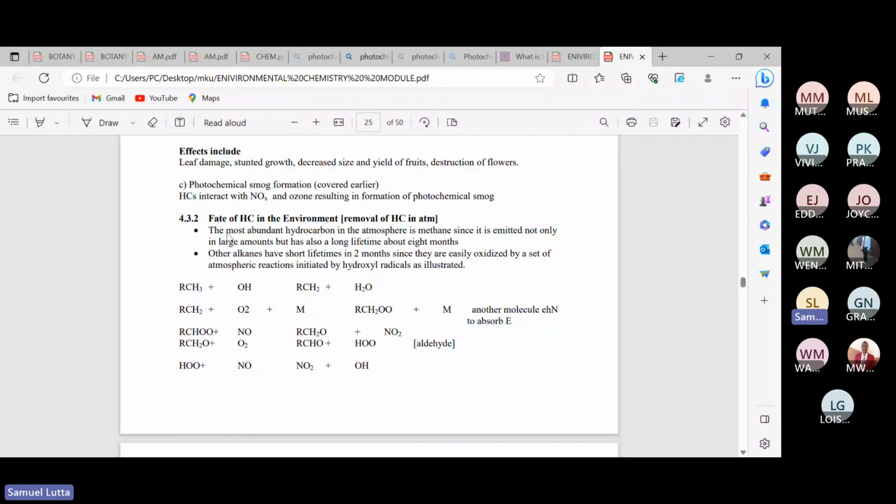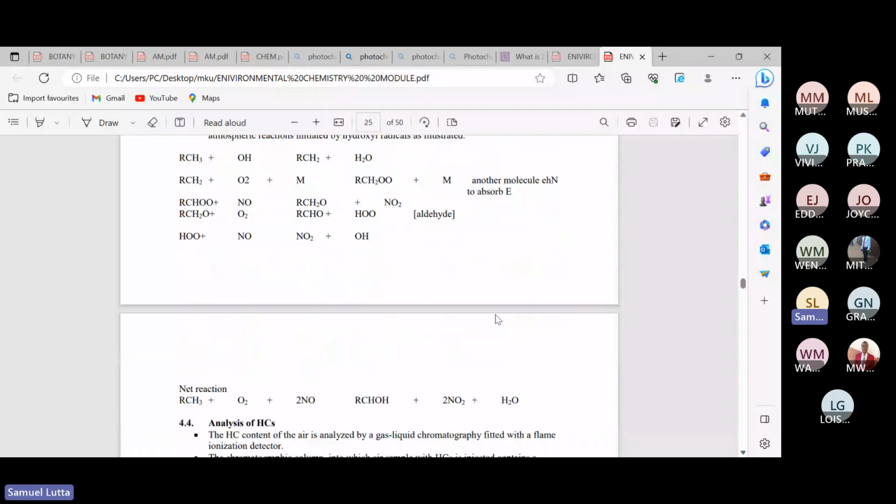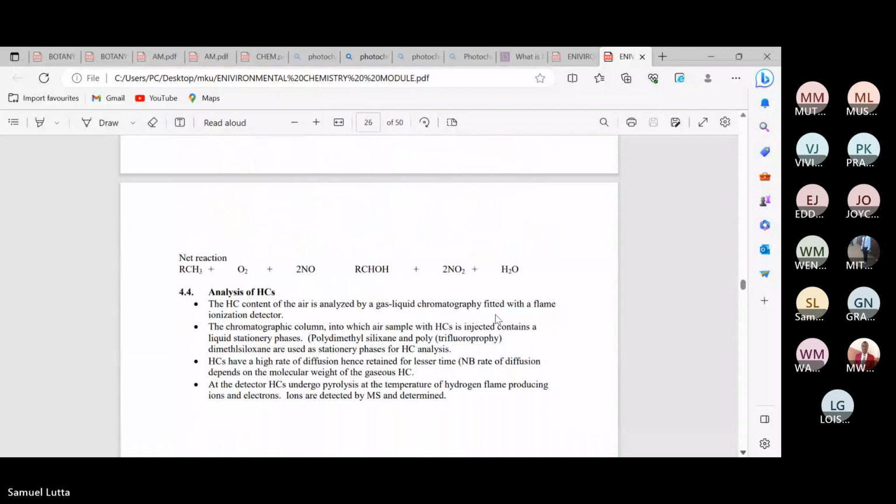The peroxide can even react further with nitrogen monoxide to form the aldehydes and nitrogen dioxide. The organics can also react further with oxygen to form aldehyde and water. So these are reactions that involve generation of aldehydes. There's a net equation given here where the hydrocarbon is oxidized. The net product is an alcohol, nitrogen dioxide, and water.